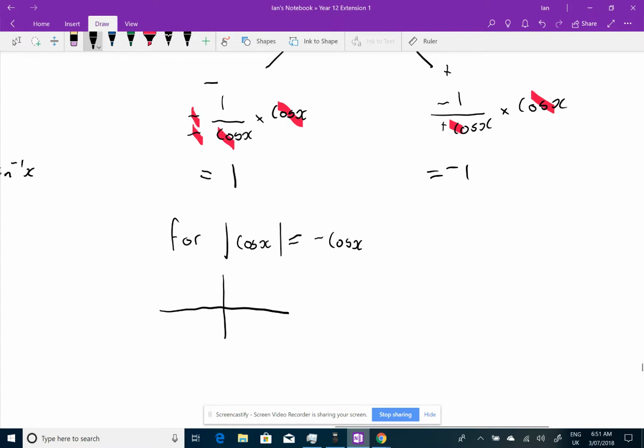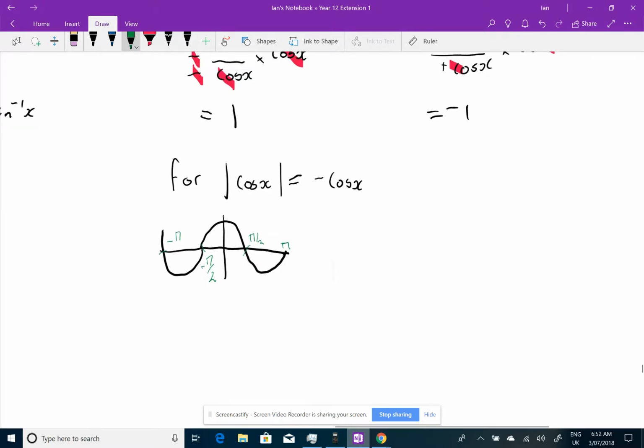And here's my cos curve. And I can see that this will be negative from these points, from pi on 2 to negative pi on 2, and from pi on 2 to pi. That's where that is true.